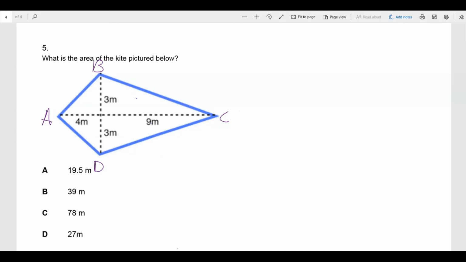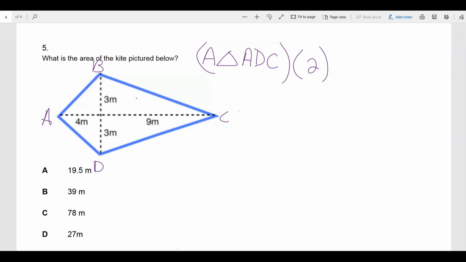So I would take the area of triangle A, D, C and multiply it by 2 because the area of ADC is half of the kite.